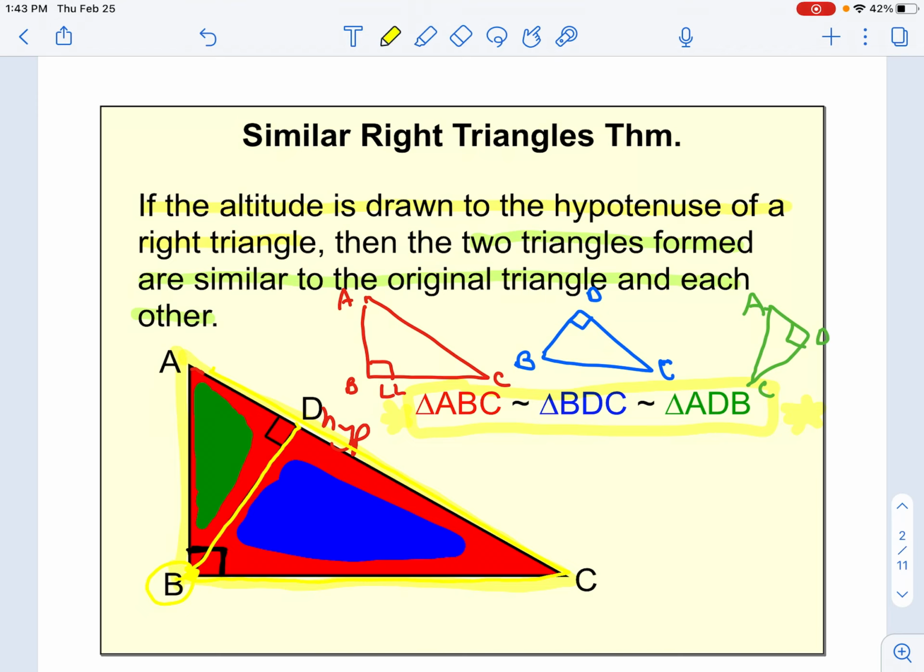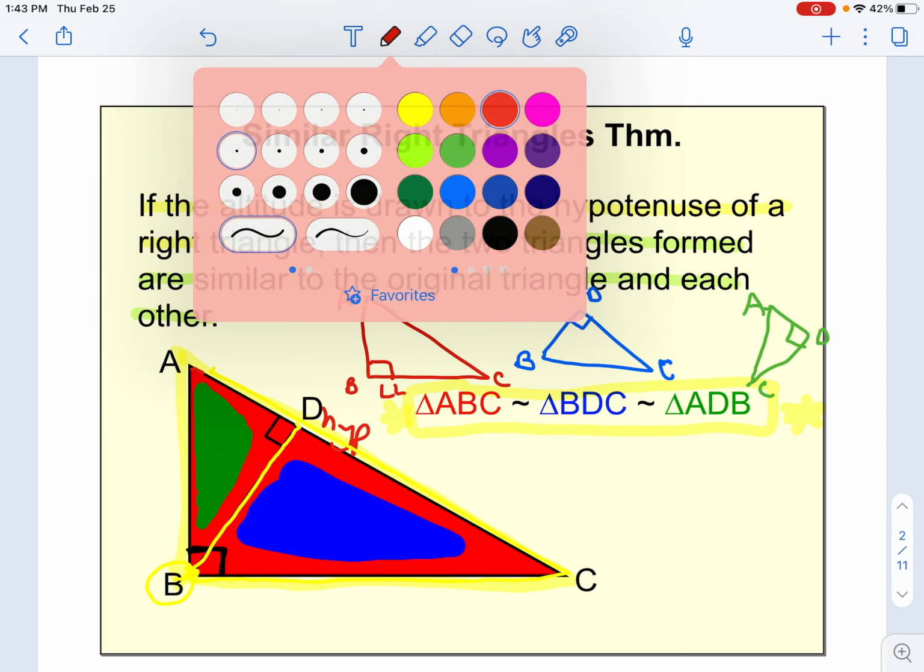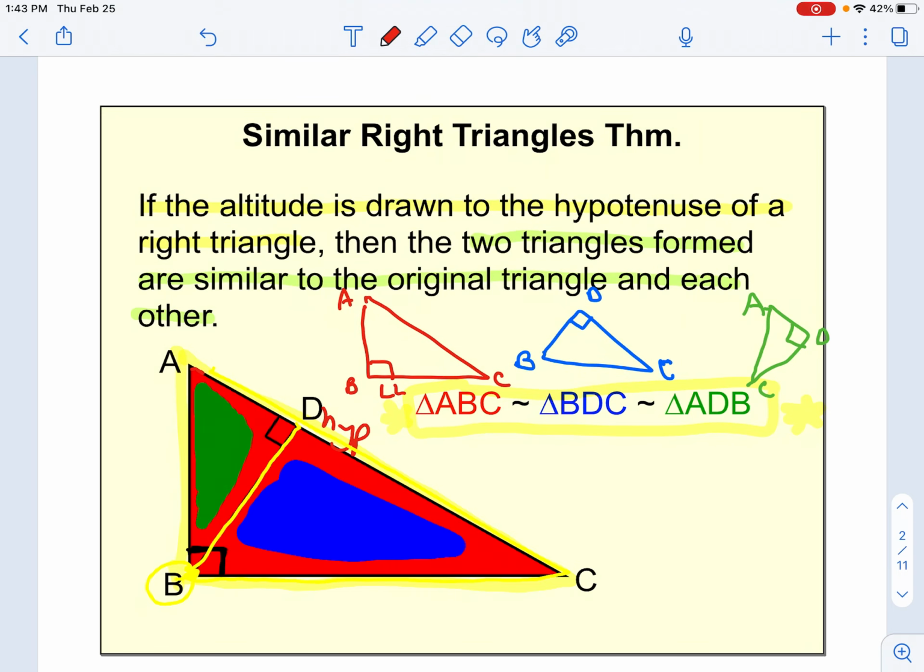And keep in mind, these vertices and their orders are very important because AC is the hypotenuse in that red triangle. And in the blue triangle, it's BC. That's the hypotenuse. And in the green triangle, it is AB, which is the hypotenuse.